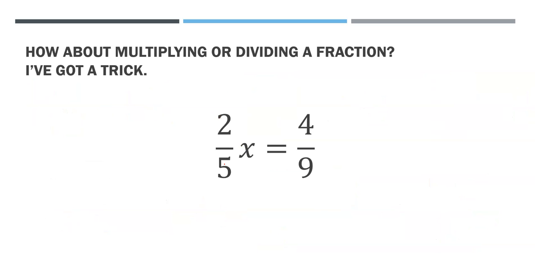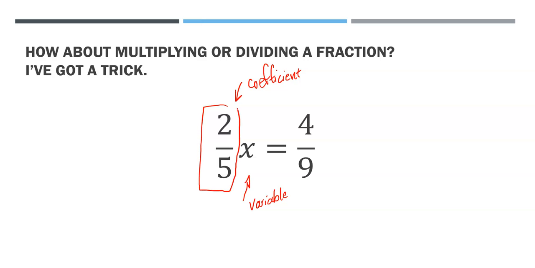So when we see a fraction, in this case it's a coefficient. A coefficient means the number before the variable. X is our variable, and the number in front of it is the coefficient. So what we see here is we've got 2/5 x equals 4/9. We need to remove the 2/5, and there's a trick here.